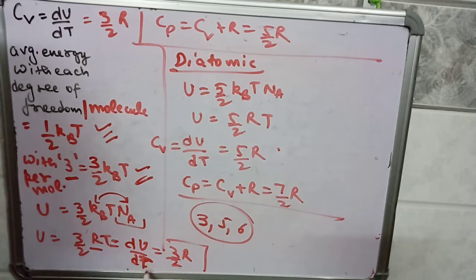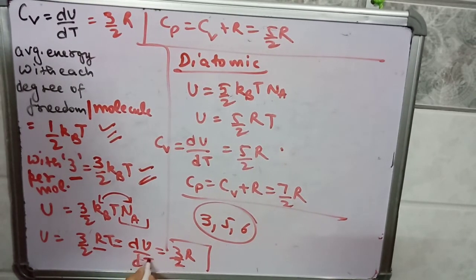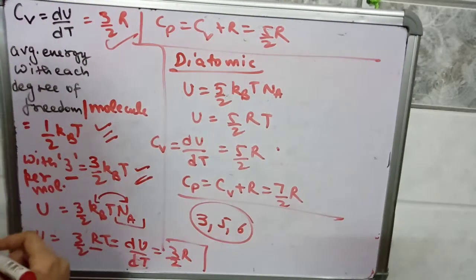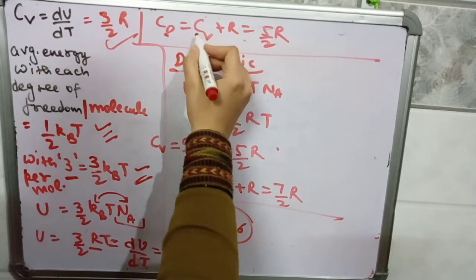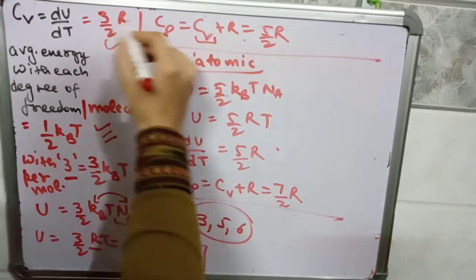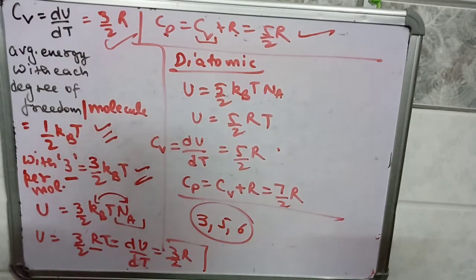So dU by dT is equal to 3 by 2 R. You can calculate Cp also if you know the value of Cv. Cv is 3 by 2 R, and plus R, 3 by 2 R plus R will be 5 by 2 R. Now for diatomic gas, by following the same pattern you can find out the specific heat of diatomic gas and triatomic gas. The triatomic gas you will do yourself.